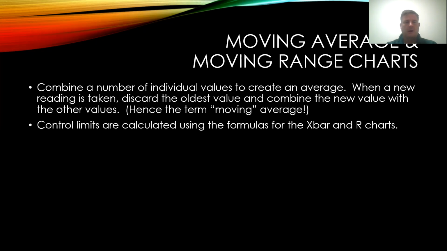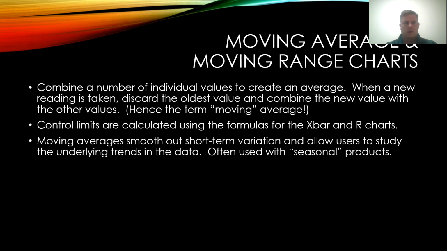The control limits are calculated using the formulas for X bar and R charts, like we talked about before. The moving averages smooth out the short-term variation and make it useful for studying the underlying trends in the data. Think about seasonal products for this, right?